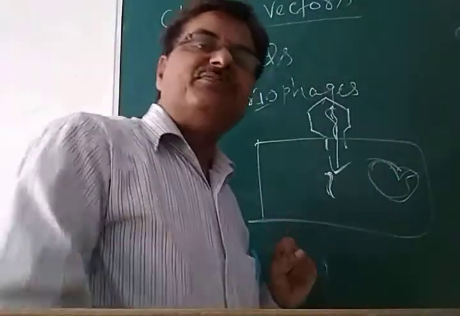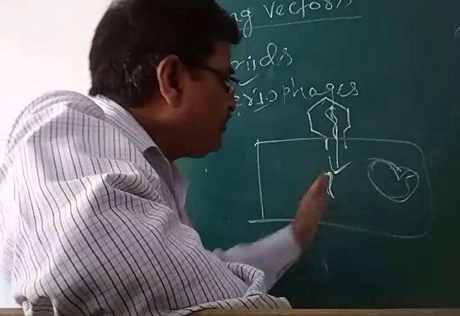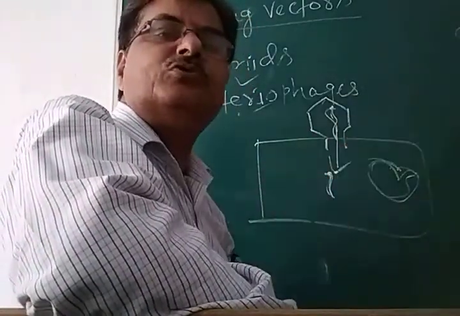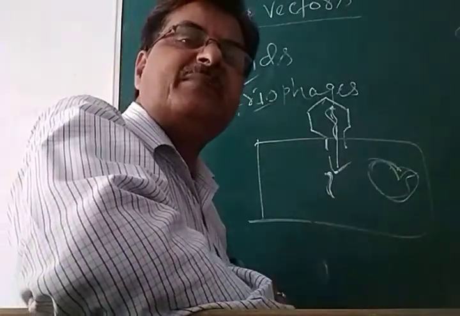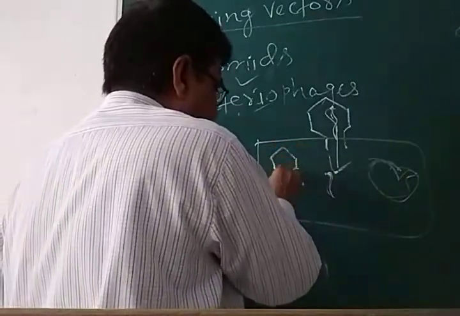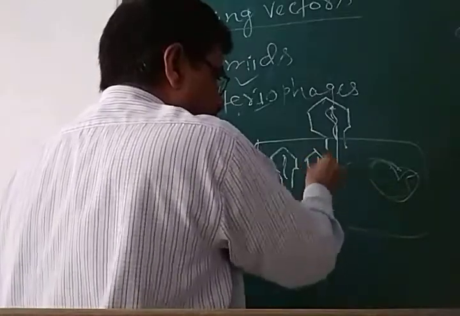After that, the DNA is incorporated with the chromosomal DNA and replicates along with it, and uses the machinery of the cell of that bacteria to produce a large number of phage viruses per cell in the bacteria.